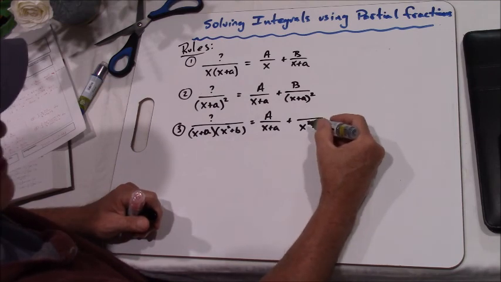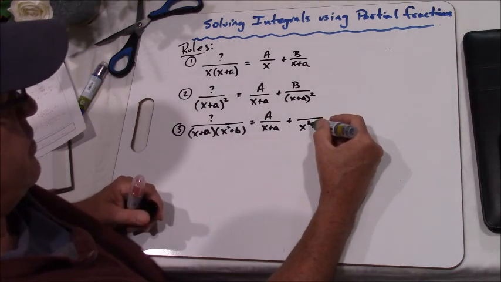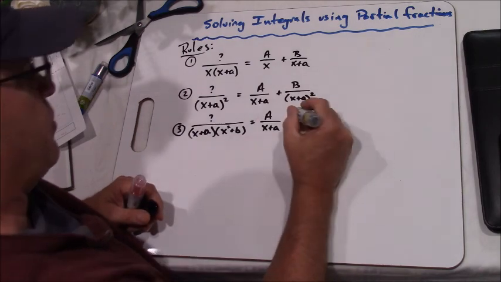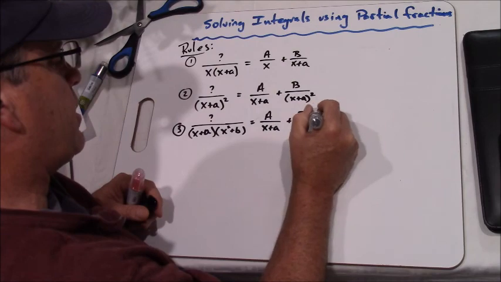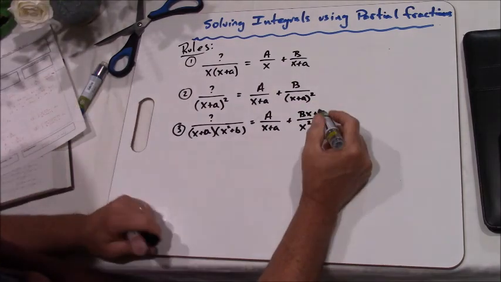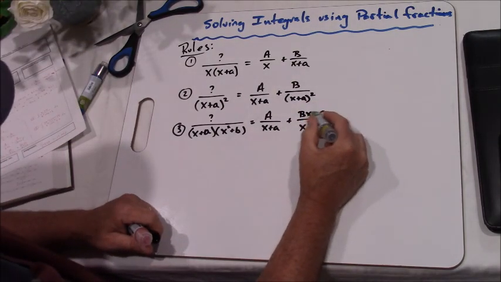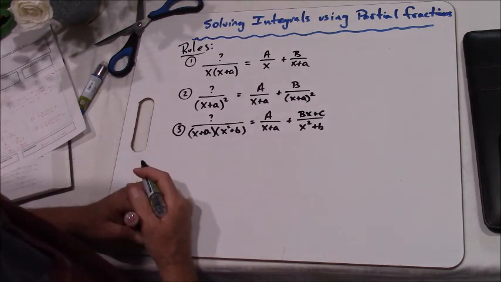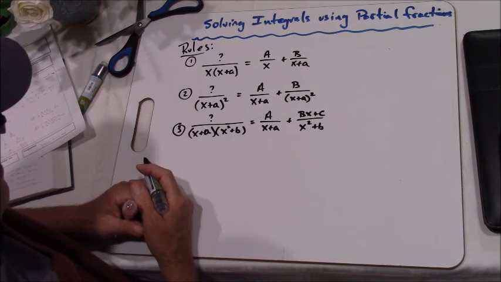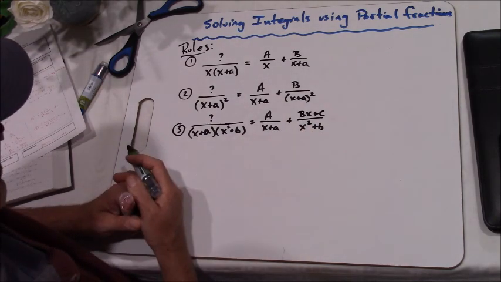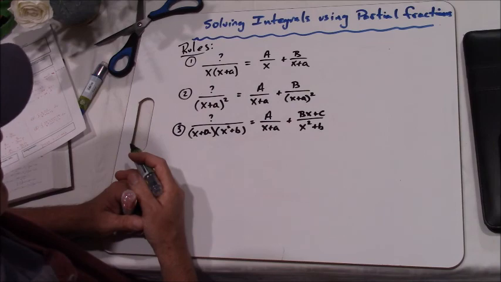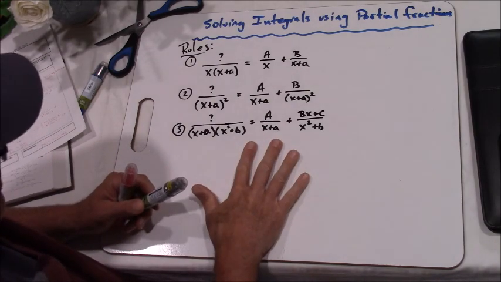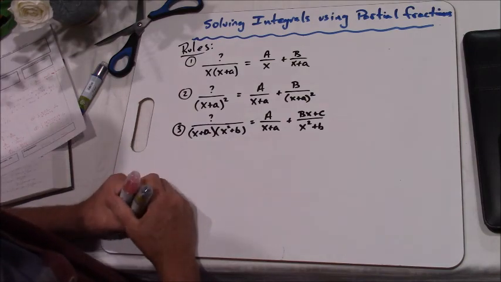So if this is a quadratic expression, then what I want up here is a linear expression. So this would be bx plus c, and so what I have is 2 things I have to figure out for that fraction. And so that might involve a little more work. We'll take a look at examples and see how to deal with that. All right, so there's our rules. If you don't have them written down, write them down somewhere so you have those available to look at.